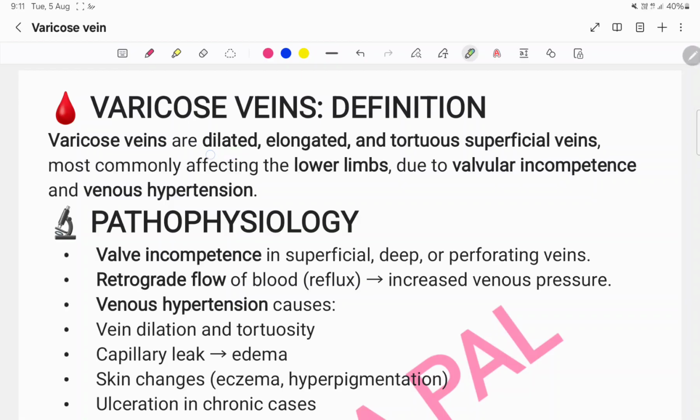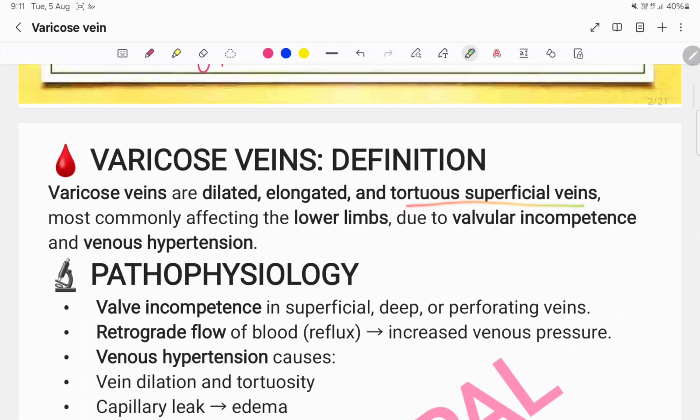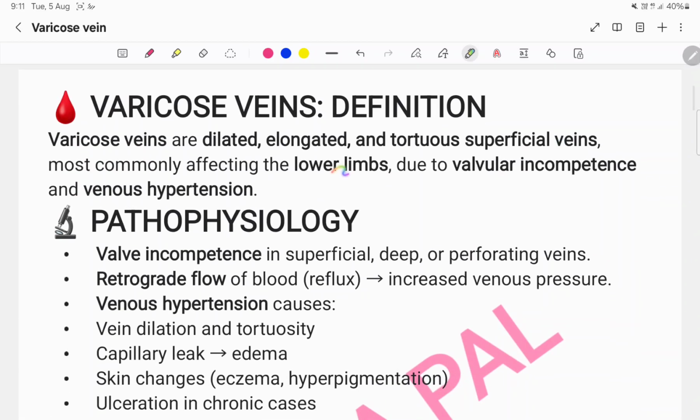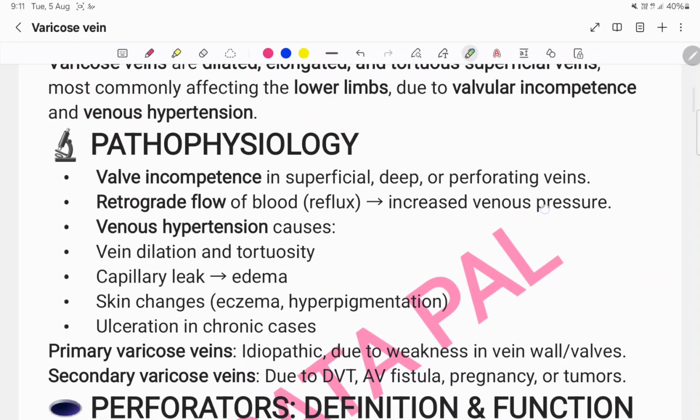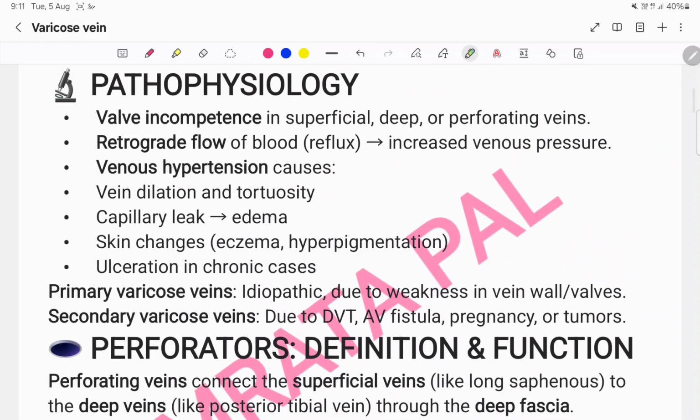Varicose veins are dilated, elongated and tortuous superficial vein, most affecting the lower limbs due to valvular incompetency and venous hypertension. Now what is the pathophysiology? First is valve incompetency in superficial, deep and perforating veins.